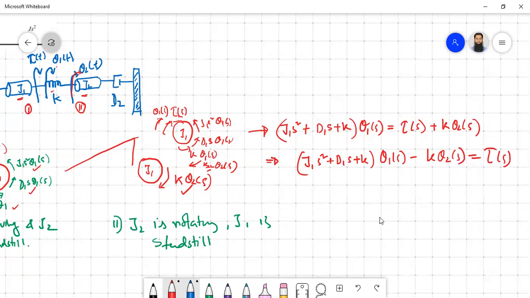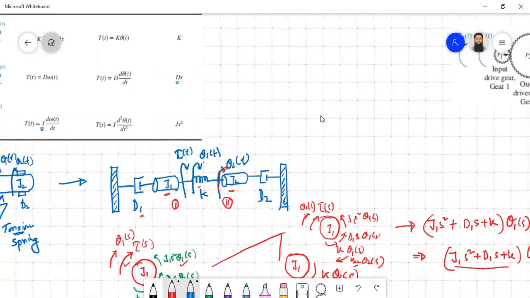Just like in the previous mechanical or even in the electrical domain, what we see is the summation of the impedances. So these are the impedances for the rotational mechanical system, as you can see shown here.